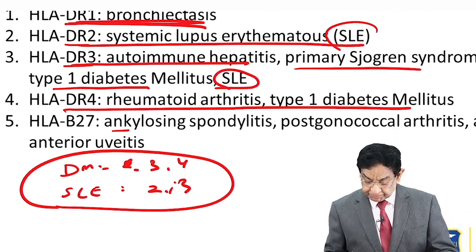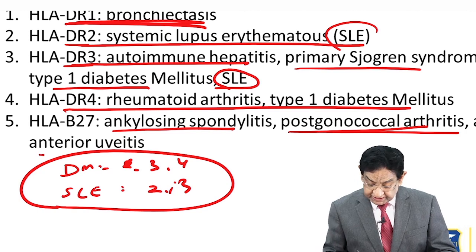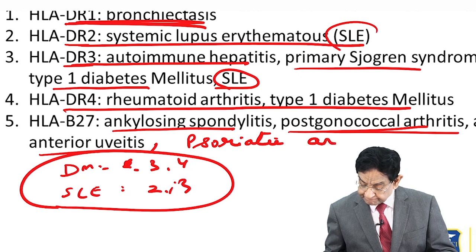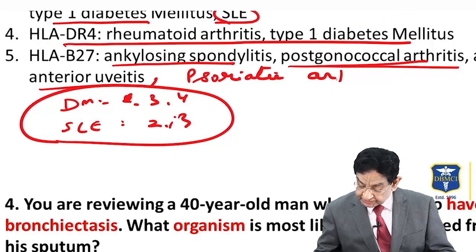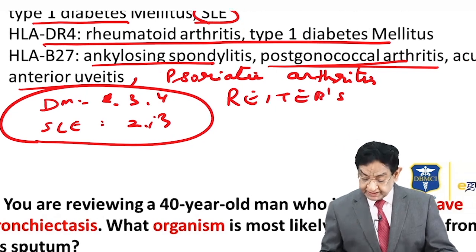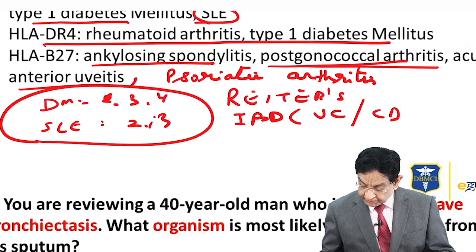HLA-B27: ankylosing spondylitis, post-gonococcal arthritis, anterior uveitis. It is also seen in psoriatic arthritis, it is also seen in Reiter's disease, and in inflammatory bowel disease like ulcerative colitis and Crohn's disease.